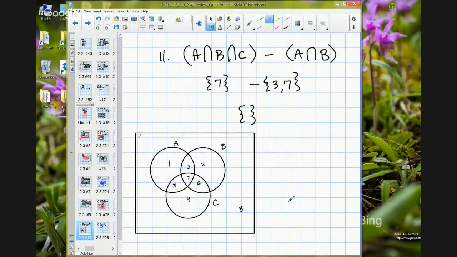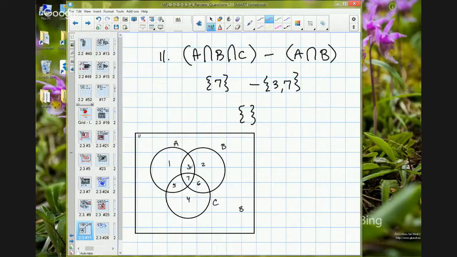Here's the problem they asked you to do at the top of the page: A intersect B intersect C, and then remove, in parentheses, A intersect B. For this part, they had to use that diagram.